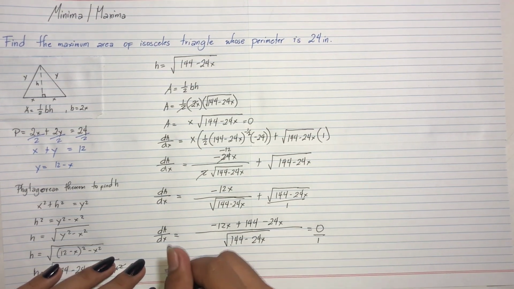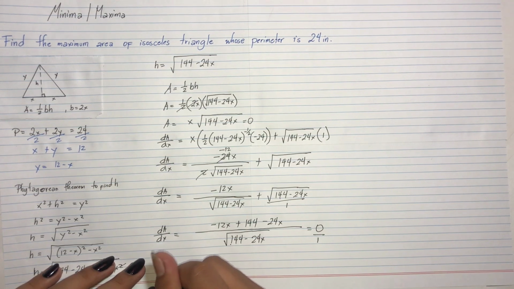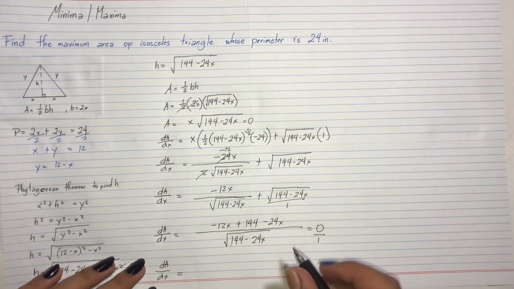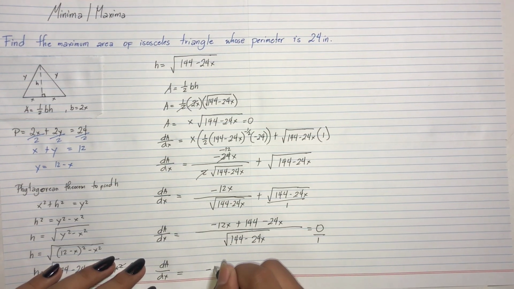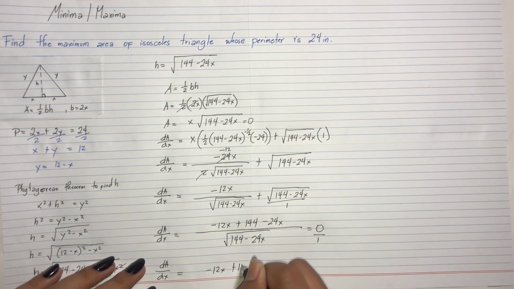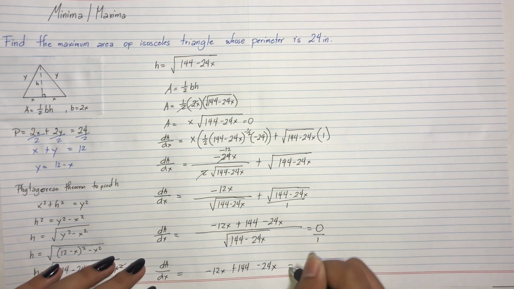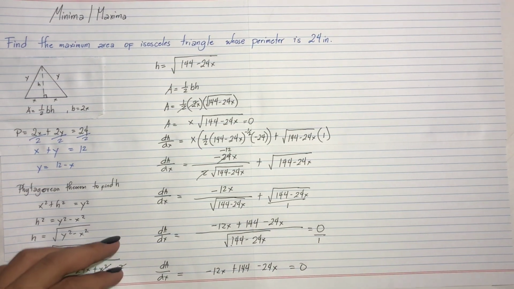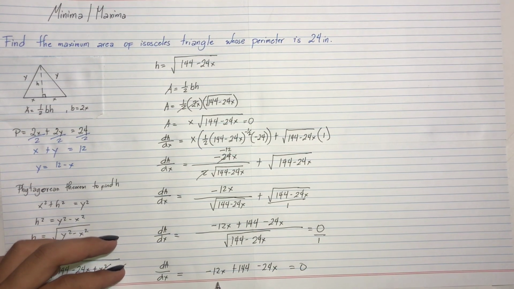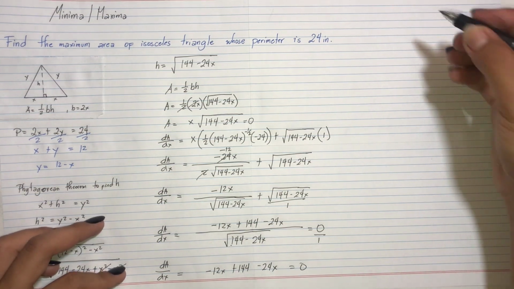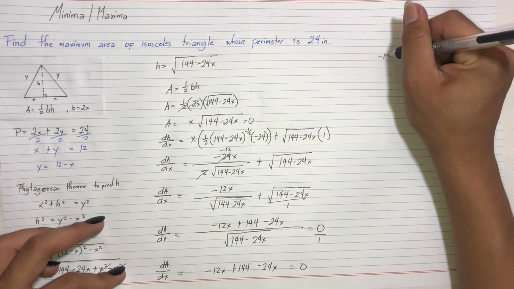Cross multiplication now. So the derivative of area with respect to x is equal to negative 12x plus 144 minus 24x is equal to 0. We equate the function to 0 so we can simplify this.